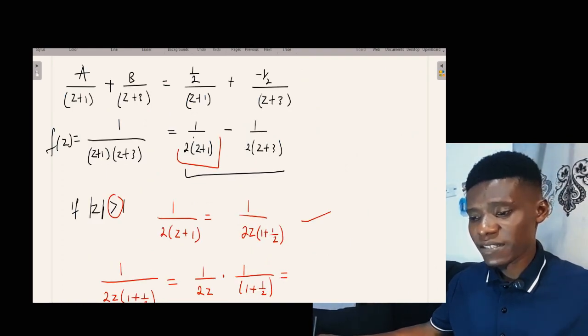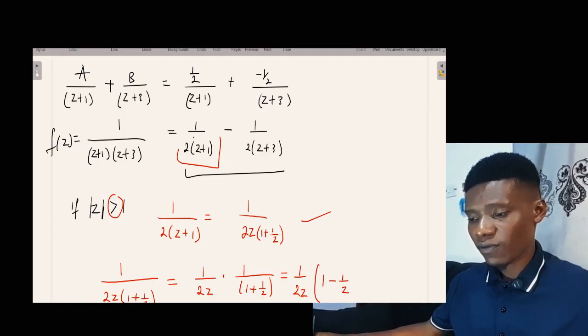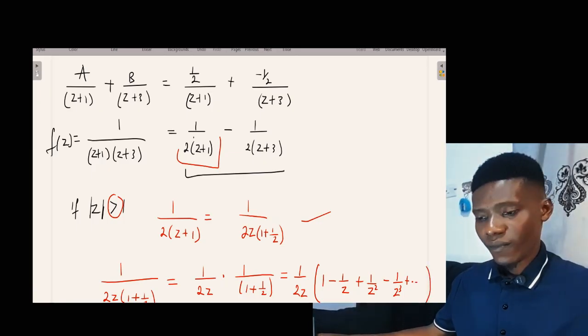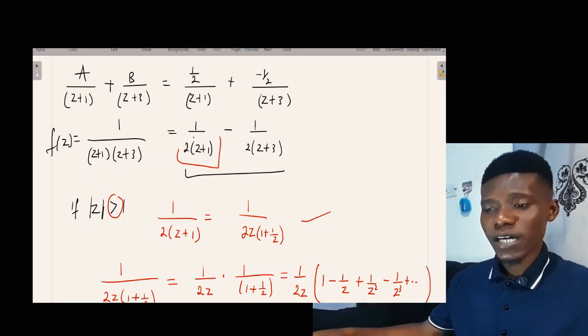So now this simply means that we have 1 over 2z into 1 minus 1 over z plus 1 over z squared minus 1 over z to the power of 3 plus. So now you can open the bracket.